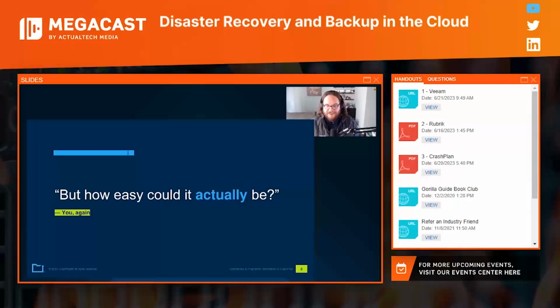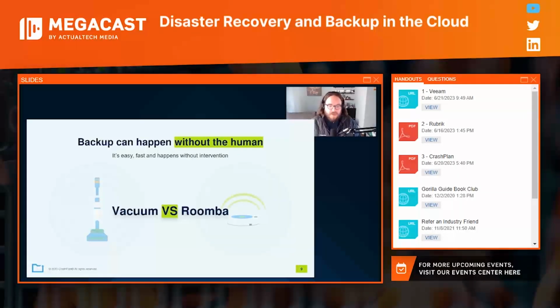Okay, I like to use this analogy. It's like the difference between using a vacuum cleaner and using a Roomba. If you're using one of these solutions where it requires the human being to actually go out and save things in a particular location and do that on a regular basis, you're using a vacuum. You are not using technology to solve the problem.